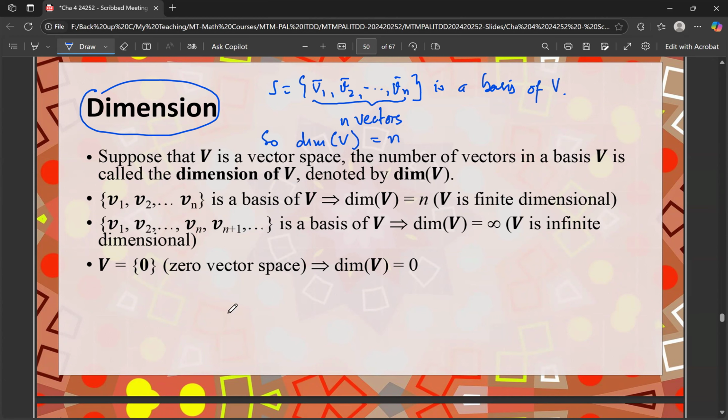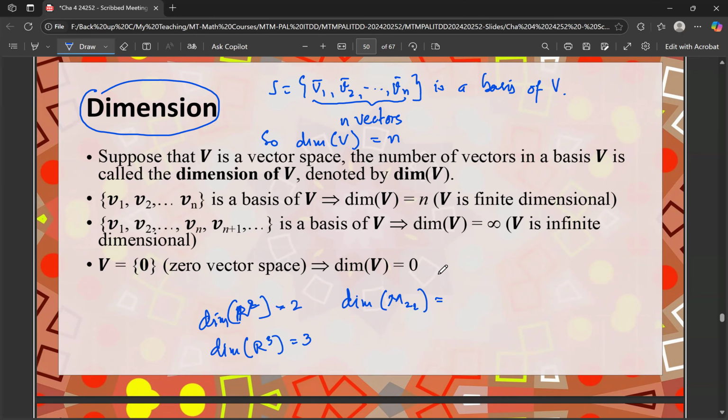We know that the dimension of R2 is equal to 2. The dimension of R3 is equal to 3. And what is the dimension of M22?